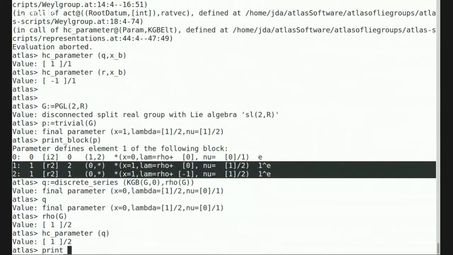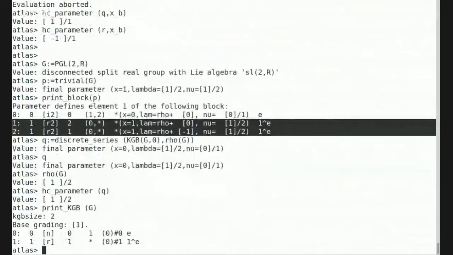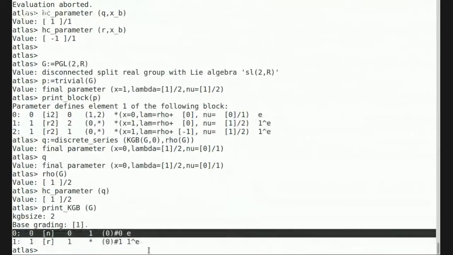Let's look at KGB of G. There's only one KGB element to use, and that is to say there's only one discrete series. Equivalently, the simple reflection S alpha is in the Weyl group of K. K is disconnected in this case.